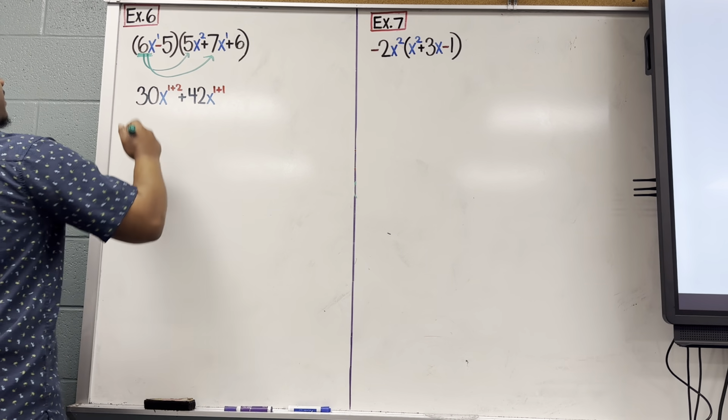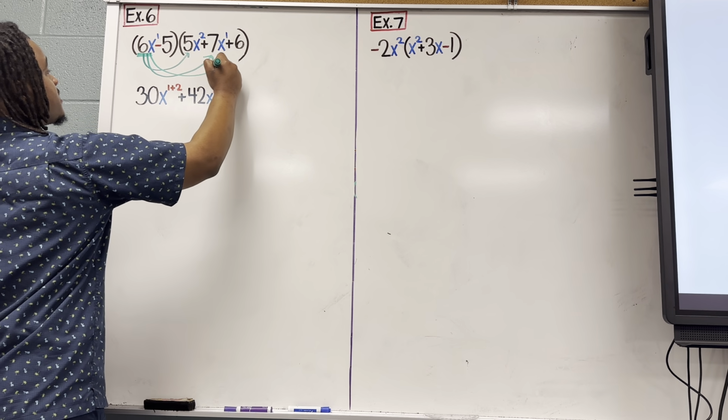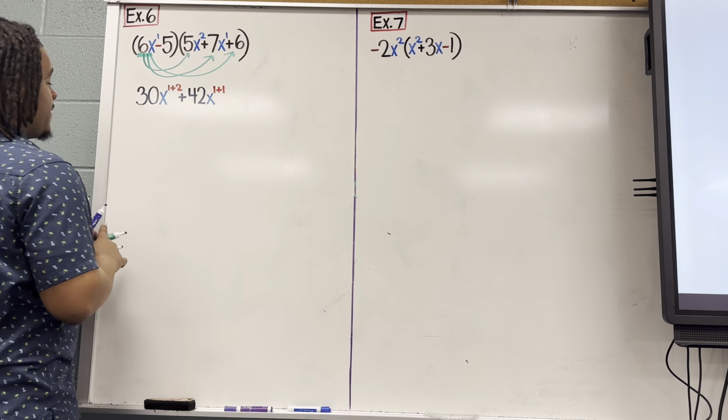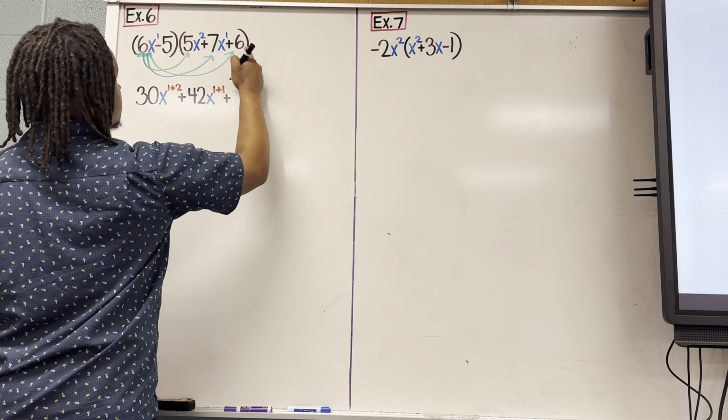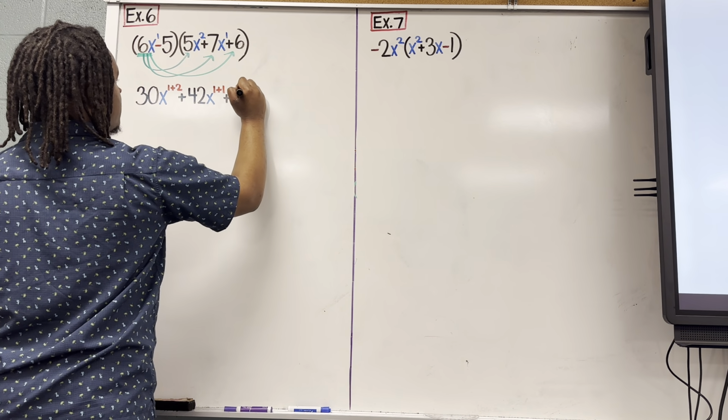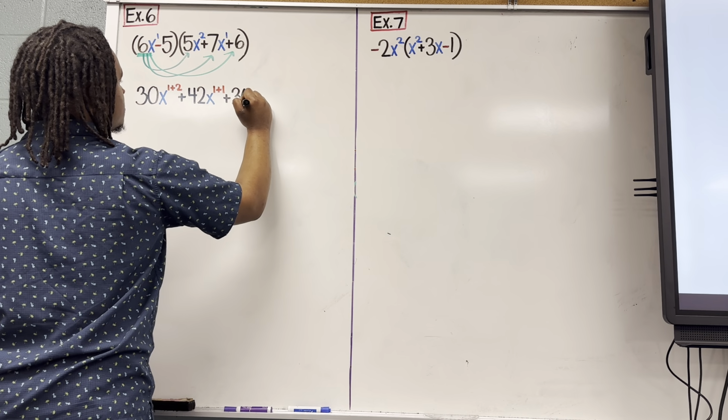And then last but not least, we're going to have 6x to the first power times 6. 6 times 6 is 36, and there was no x that I was multiplying with x, right? So it's gonna be 36x.